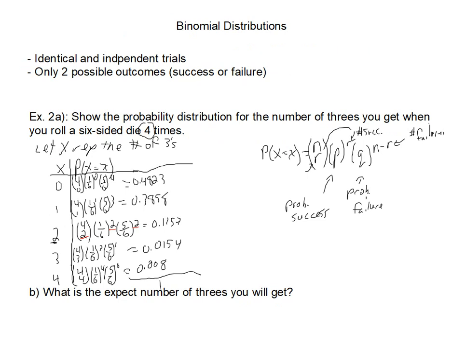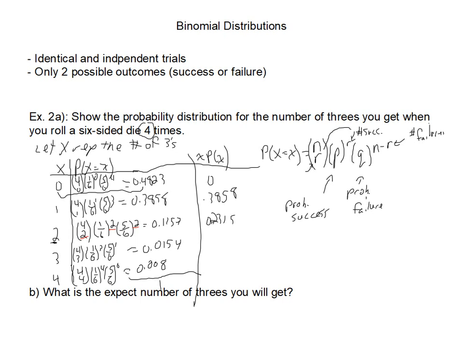And then we would go ahead and do the XPX column that we have done before. Again, we're just going to take these 2 values and multiply them together. And we should get, obviously 0 here. 1 times 0.3858 gives us 0.3858. 2 times 0.1157 gives us approximately 0.2315.